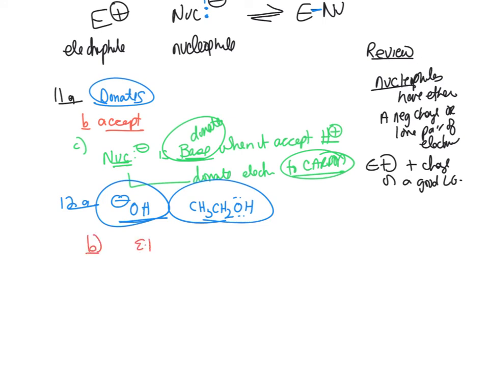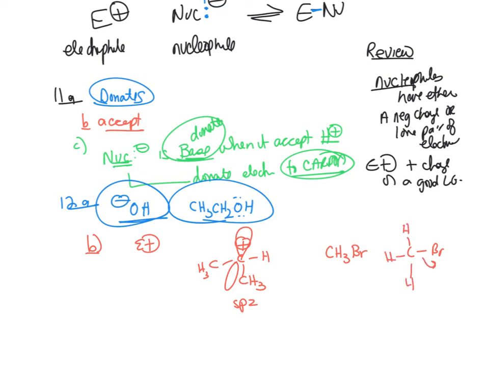Now you want to find the ones that are electrophiles. Well, electrophiles have a positive charge. So this is an sp2 carbon, so it has an unhybridized p orbital. There you go. And that has a leaving group.